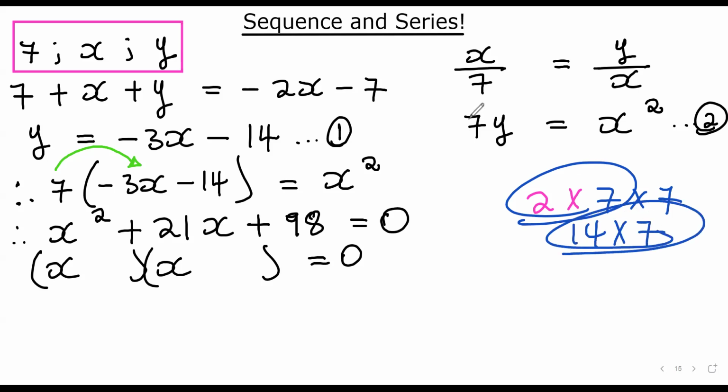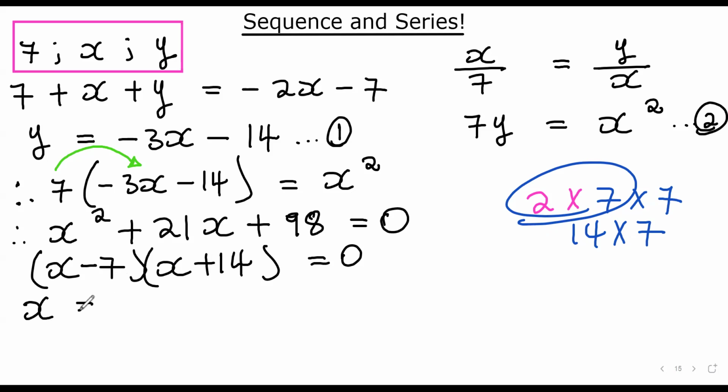Those are the perfect factors that will give us that. Okay, fine. So we have 7 here and 14, both of which have to be positive. Then you'll say x will either be negative 14 or negative 7. Both of them have to be negative.